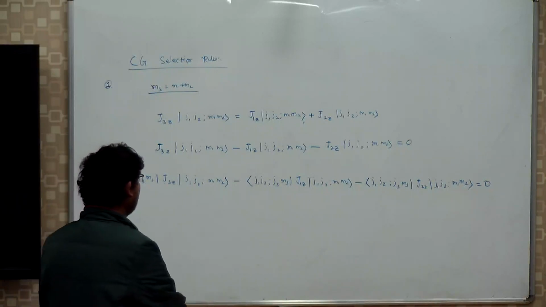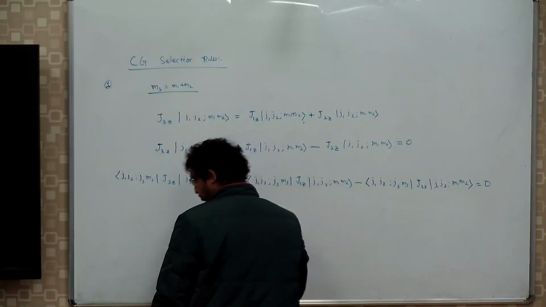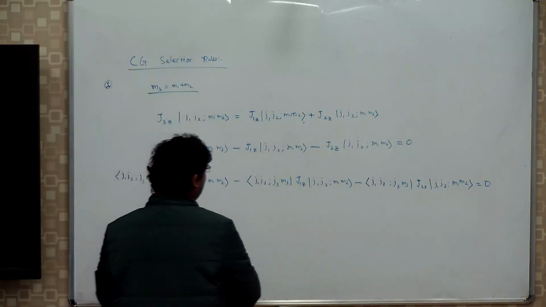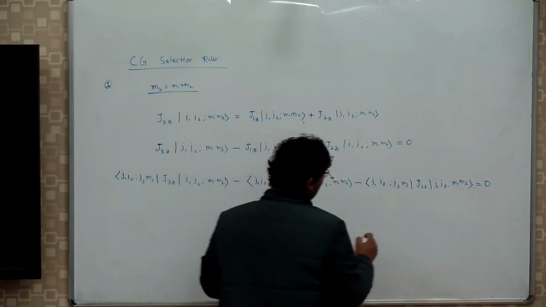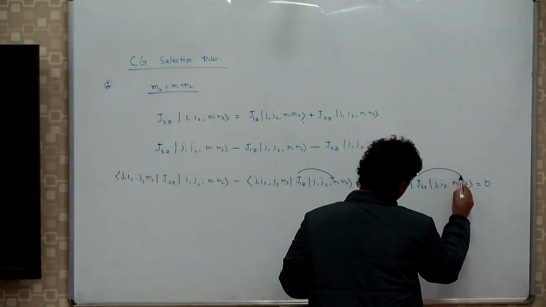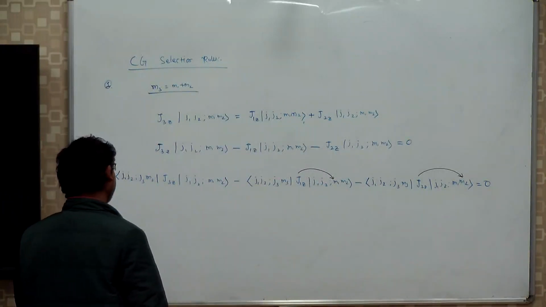Here, this J1Z acts on the magnetic quantum number M1, and this J2Z acts on the magnetic quantum number M2.